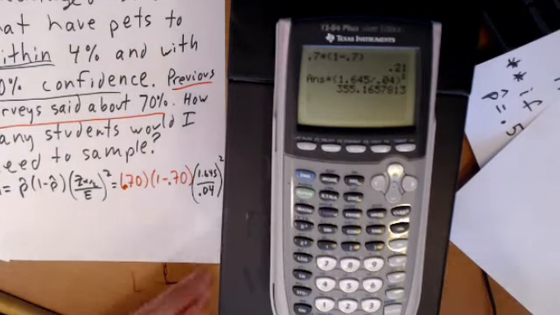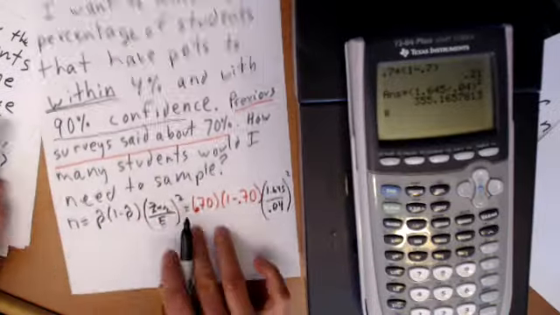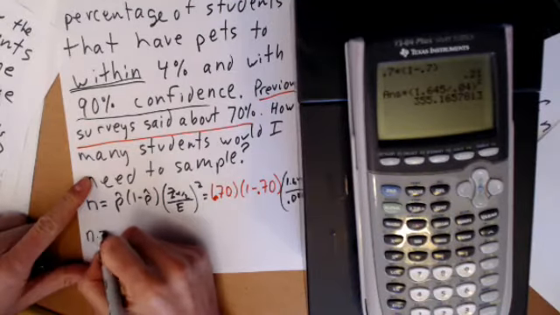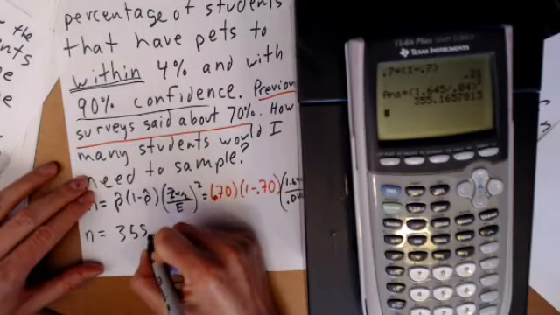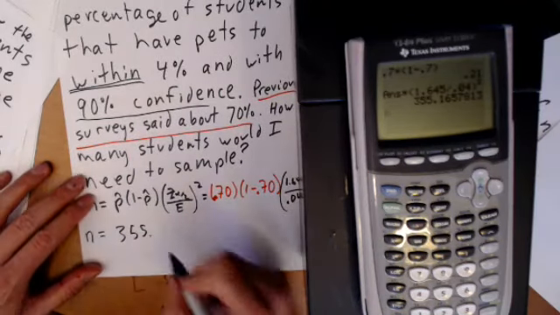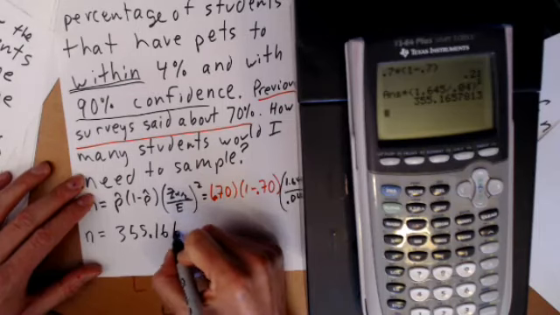Okay, so let me write that down here. So n is equal to 355.166.